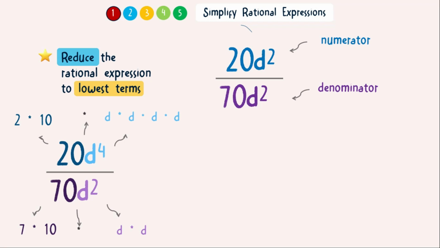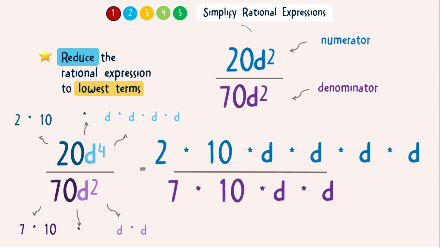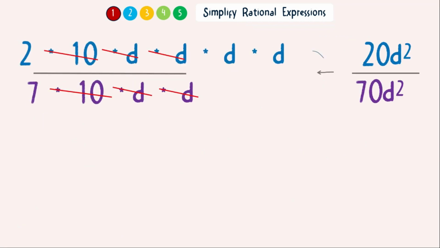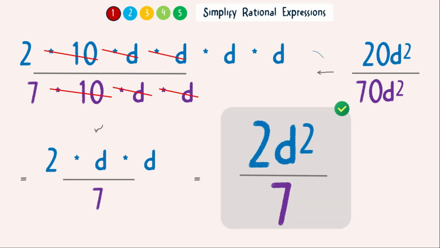So this will equal 2 times 10 times d in 4 places, over 7 times 10 times d times d. So we cross out the common factors, which are 10 here, and the second d and the third d. So our answer now will be 2 times d over 7, which will be 2d raised to the power 2 over 7.